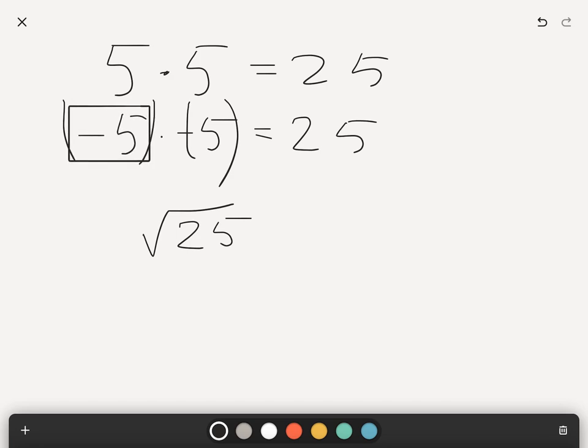Is the answer really -5 or 5? Because it could be either one, right? So to answer that, what we would usually do for a square root is give the principal square root, and that would just be 5.